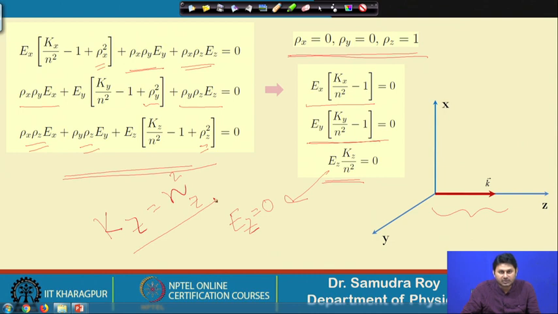Therefore Ez has to be 0. That means there will be no z component of E, so E has to be in the x and y directions, along the plane of x and y.